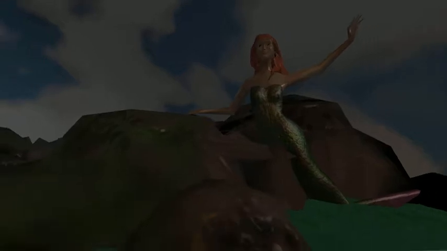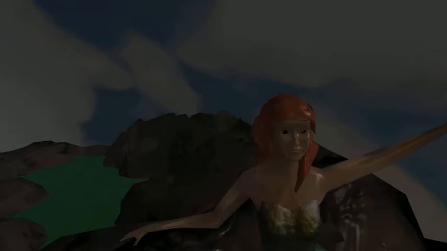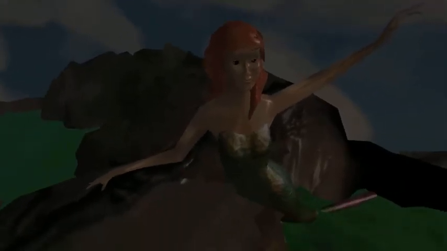But again, these students were beginners as far as modeling goes, so their models were very simple, which made them easy to render in real time. The textures were a little low, but it still gets the point across. You can still tell this is a mermaid.